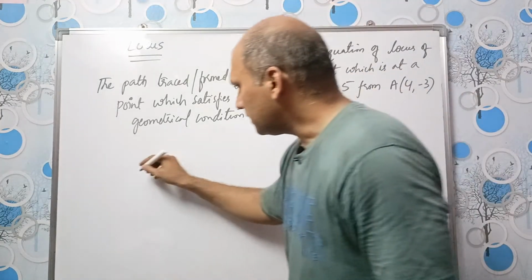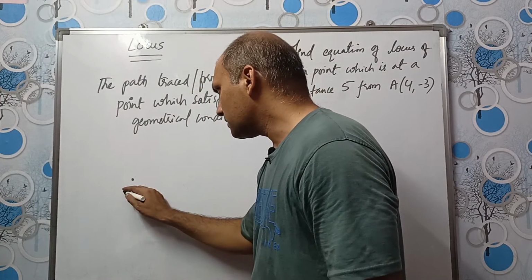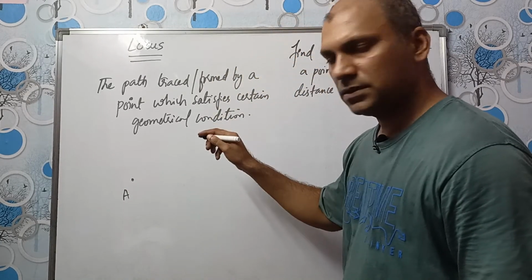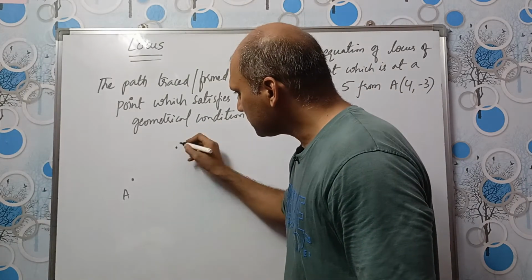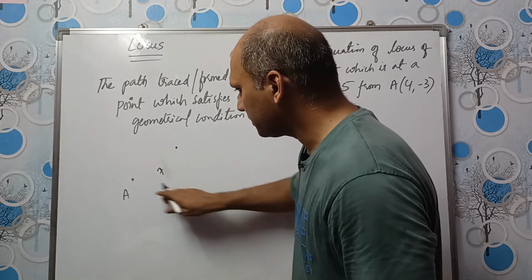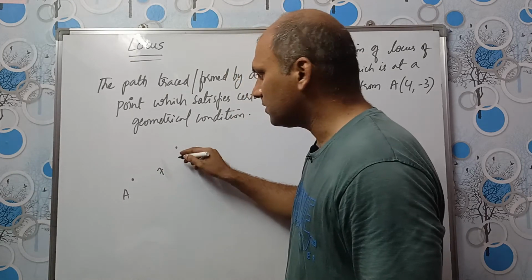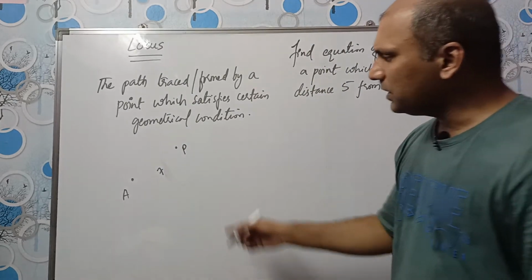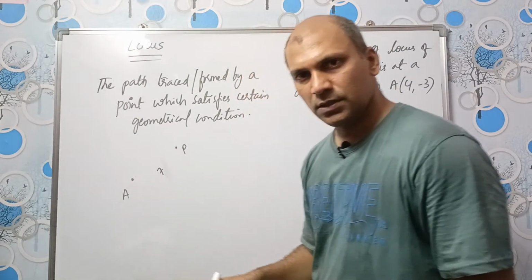See here, let us say we have a point, let us say this point is A, and there is a point which is, let us say, 7 meters or 7 units away from this point. Let this be point P. Do you think we'll have only this one point which is 7 units away from this point?